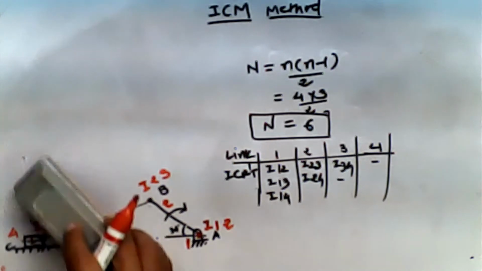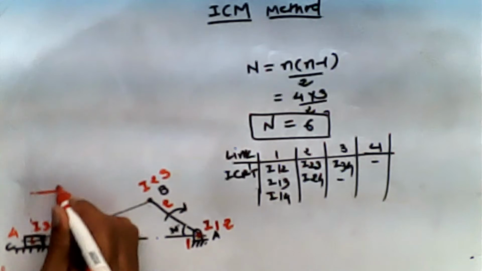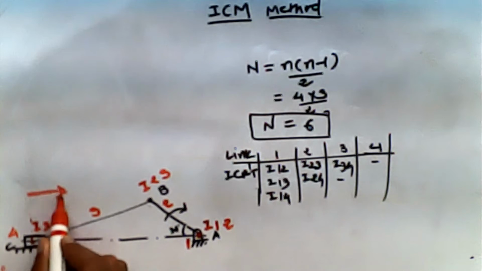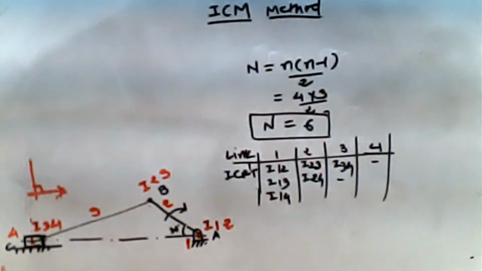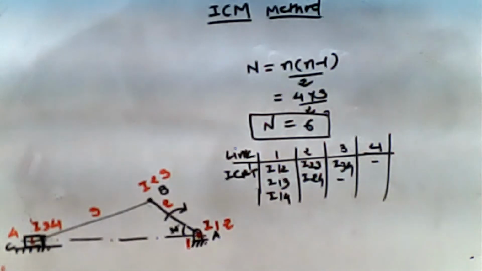What will the direction be? First of all, as you can see, the piston will move in this direction. The velocity vector will be in this direction. So we know that the instantaneous center will always be perpendicular to the velocity vector. Correct. So here what we can do, this is the direction of motion of the piston.